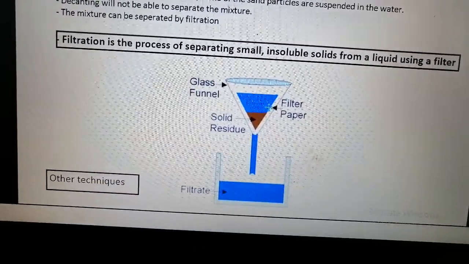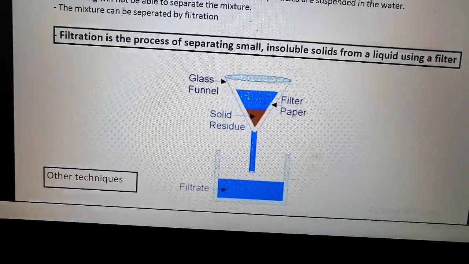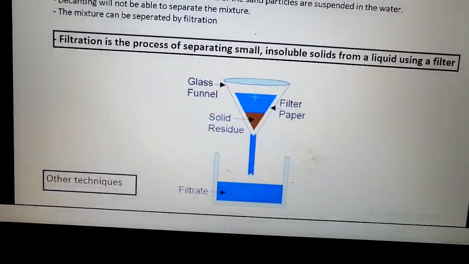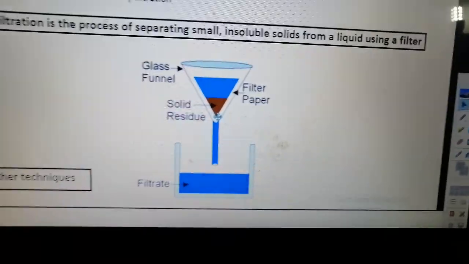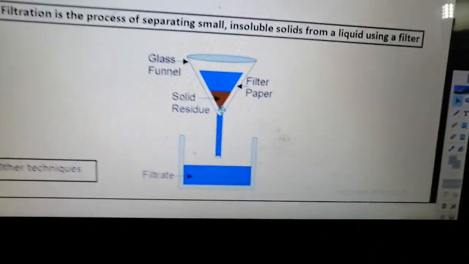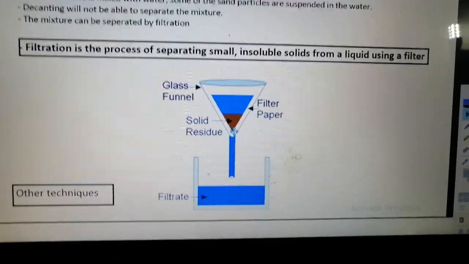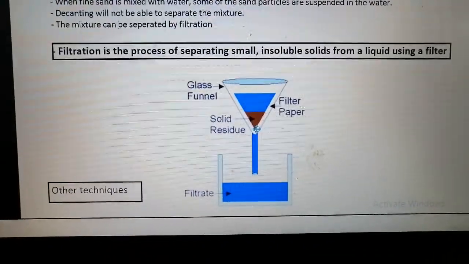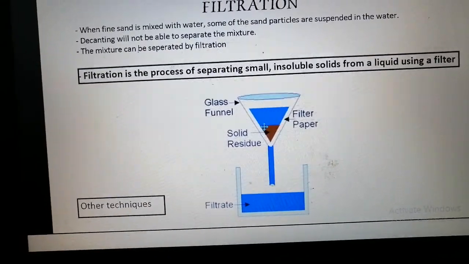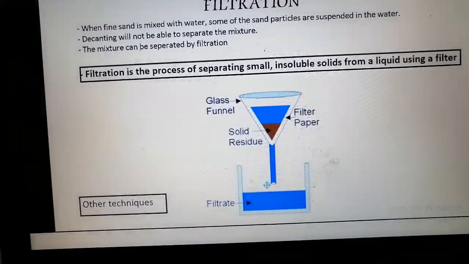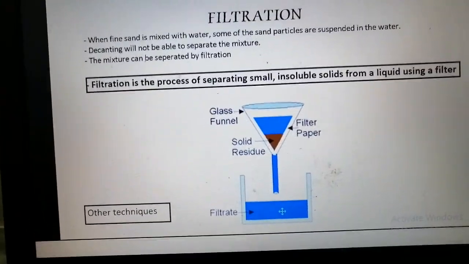This is the glass funnel, and the blue one here is the water. You put the filter paper inside the glass funnel, then you pour in the water that has the sand. Later the solid residue stays on the filter paper, and the water is separated. Understand? Easy, right?